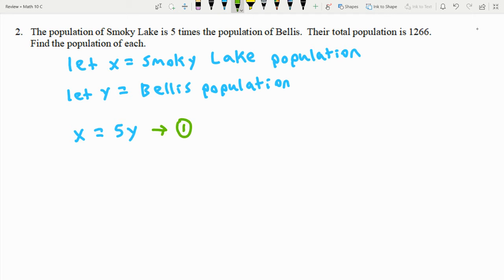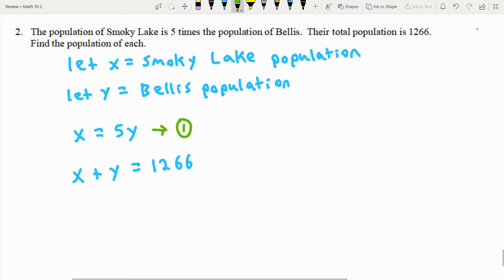Now to find my second equation, I have to keep reading. They're telling me in my next sentence that their total population is 1,266. Because I know their total population, and I have the population of Smoky Lake written as X and the population of Bellis written as Y, I can say that X plus Y equals 1,266.